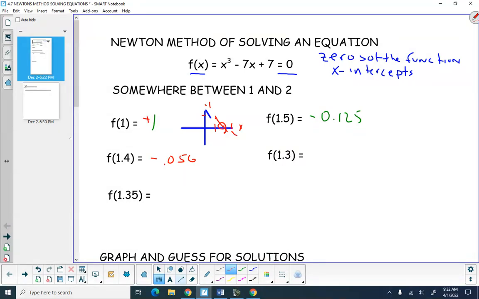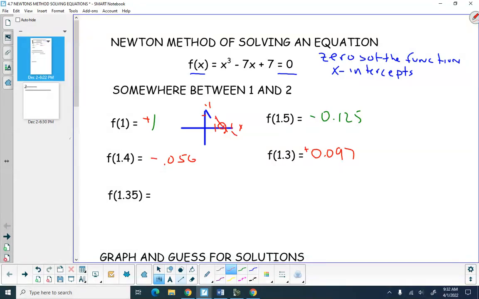So let's try 1.3. What's our function value at 1.3? 0.097. And the key there is that it is positive. So at 1.4, I'm negative. At 1.3, I'm positive.